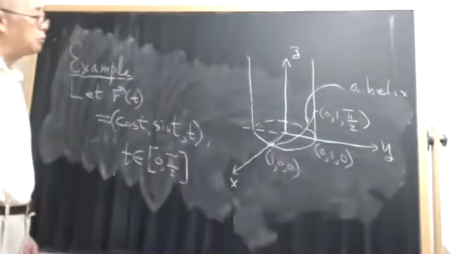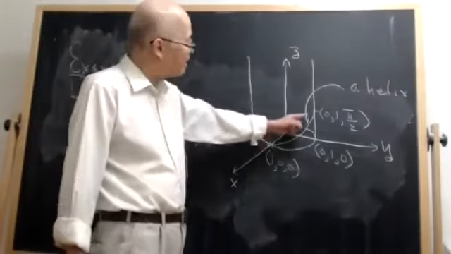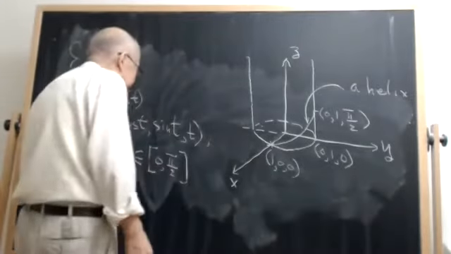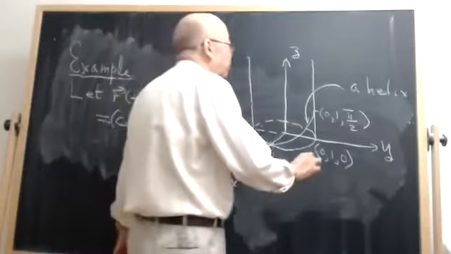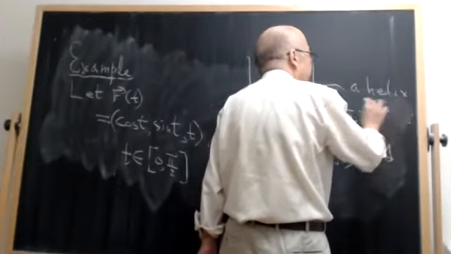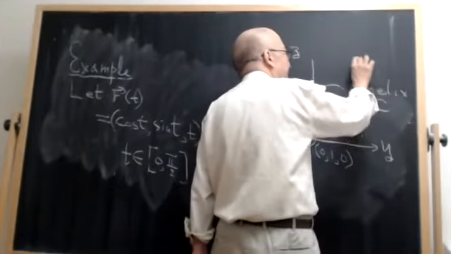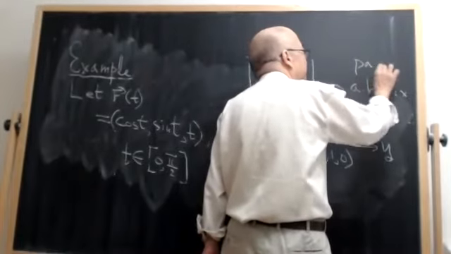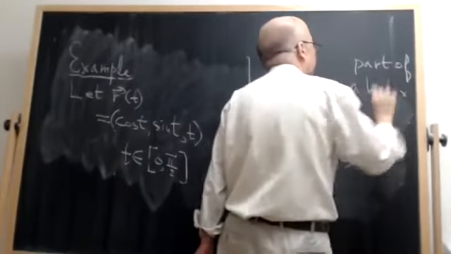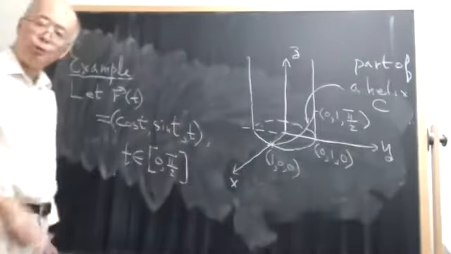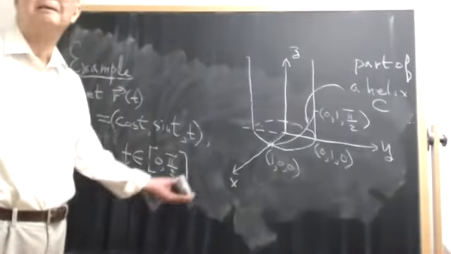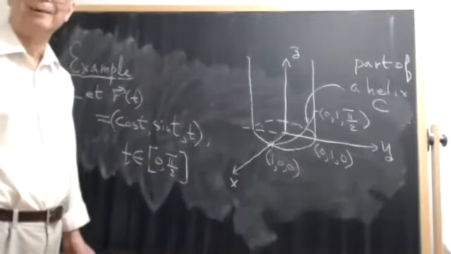Now, the problem now is to find the length of this portion of the helix. Okay, let's call this C. And this is part of the helix, not the complete one. When you want to find the length of the complete helix, it's infinite, right?